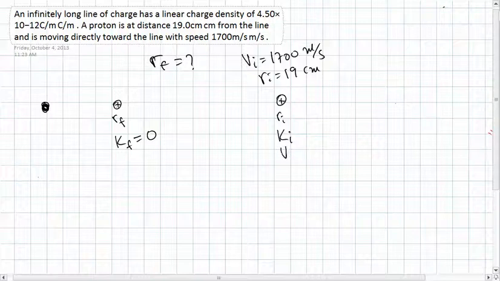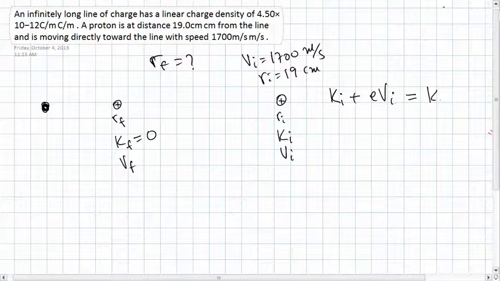And then there is a potential here due to the field from the line, and there is a final potential here. So the idea is to use conservation of energy. We know that the initial kinetic energy plus the initial potential energy, where e is the proton charge and Vi is the potential at point i, is equal to the final kinetic energy plus the final potential energy.